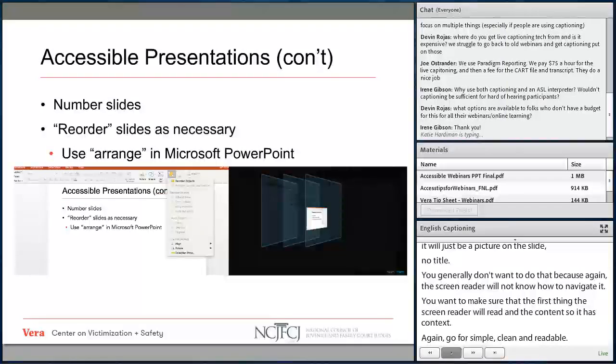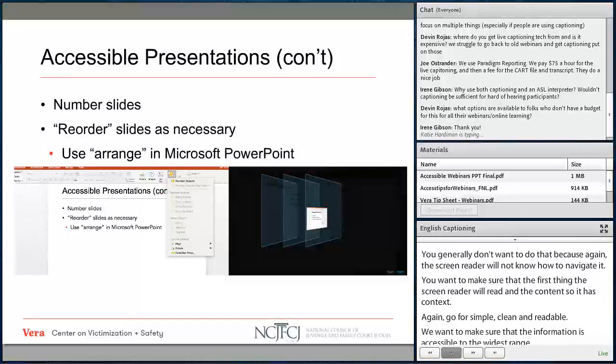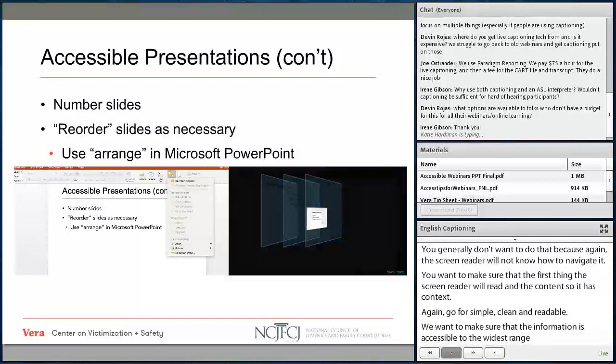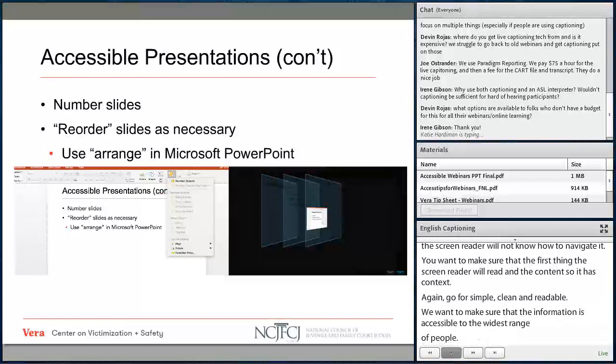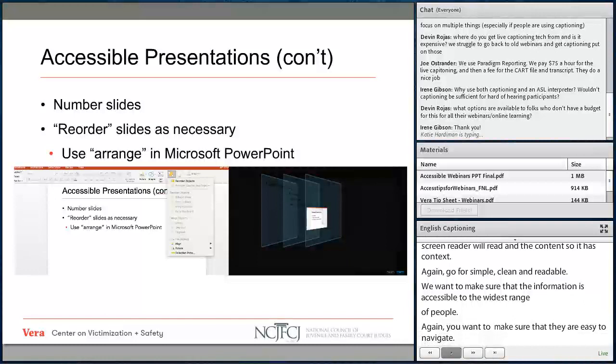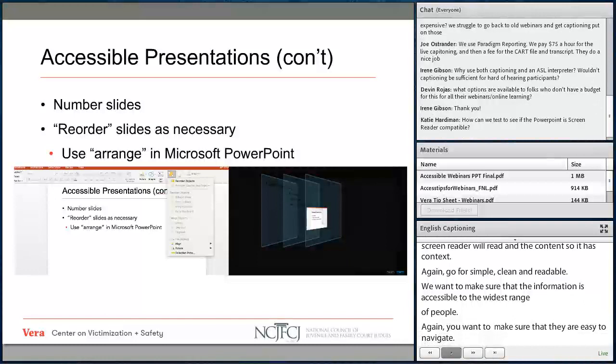All right, so again, you want to make sure that these are easy to navigate. One way to do that is to number your slides. There are a bunch of different templates where this isn't necessarily built in, so we would advise that you use a template where the numbers on the slides are built in.